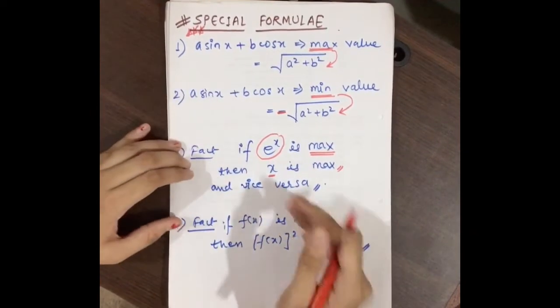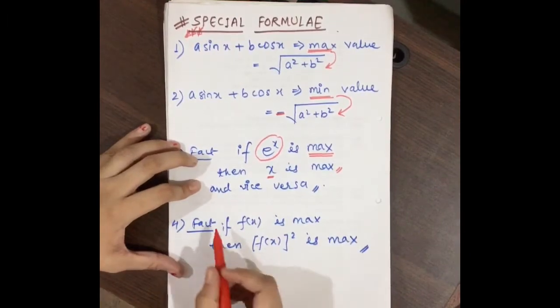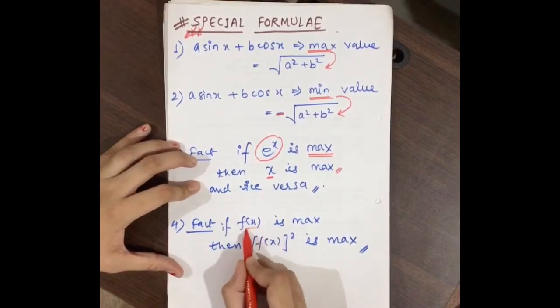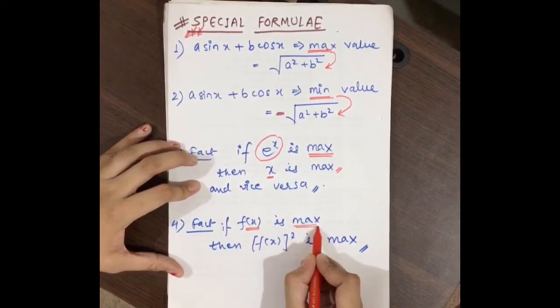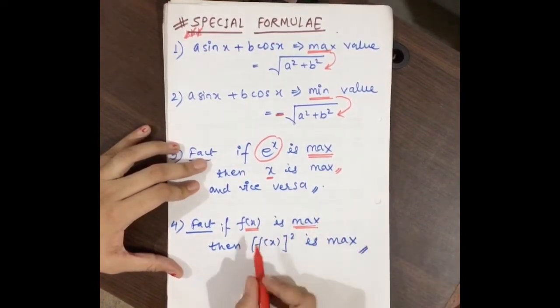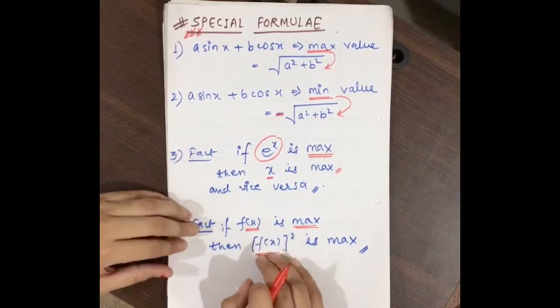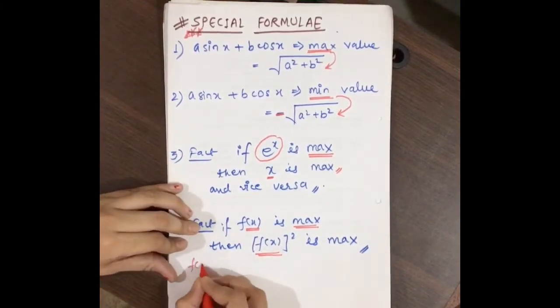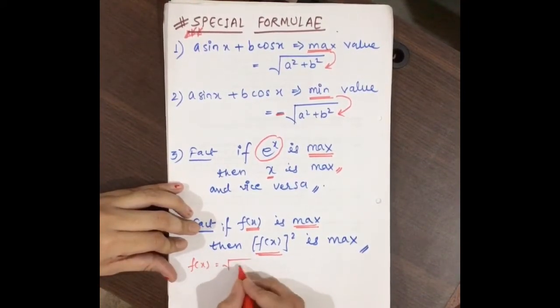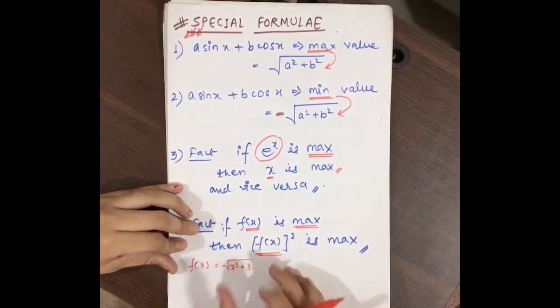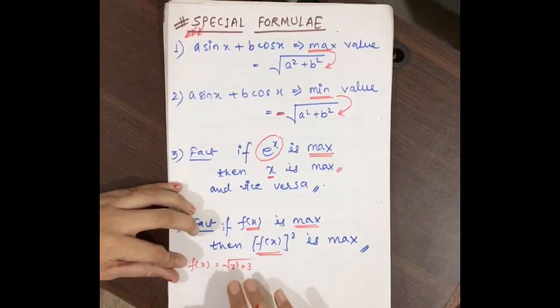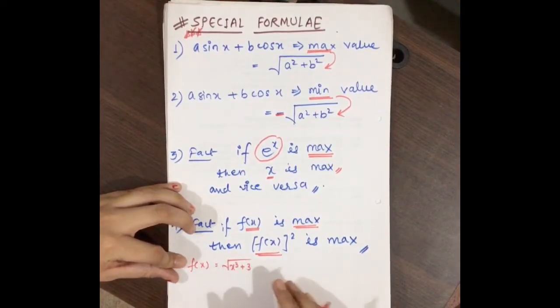Now the fourth and the last fact is that if f(x) is maximum, that is, if we need to find the maximum value for f(x), then we can find the x value from f(x) whole square. See, why am I saying this? Because let us suppose that f(x) is something under root. So for differentiating such a term, it's very difficult.